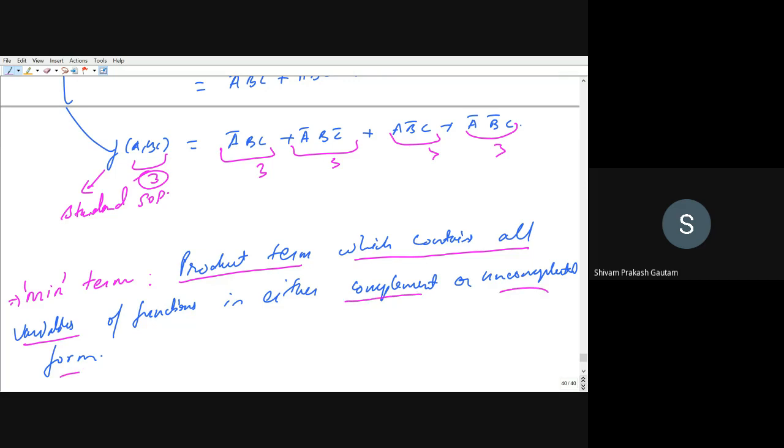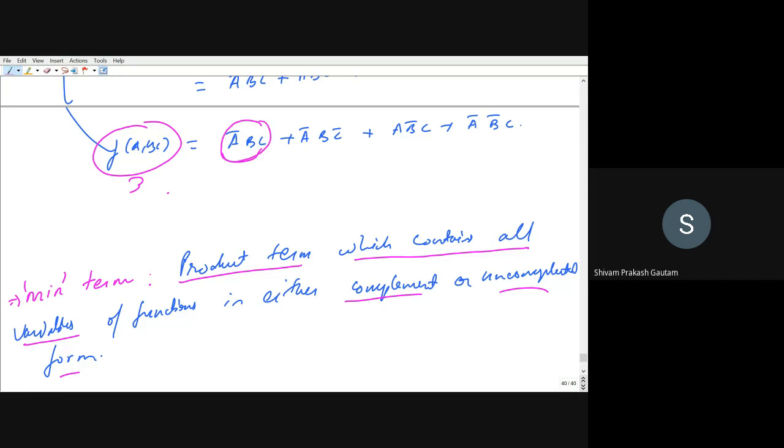If you take this again as an example, this is a function of 3 variables, and each term contains 3 variables. So if this is in standard sum of product form, then each product term you can call a min term, right?